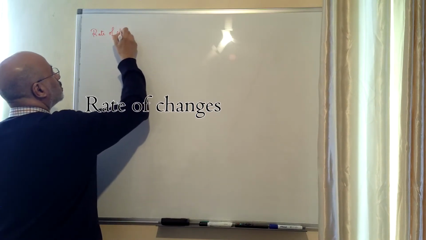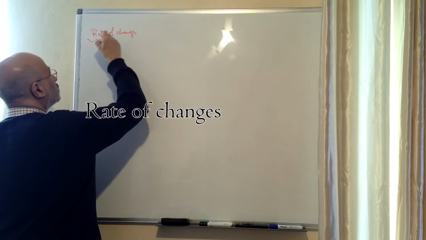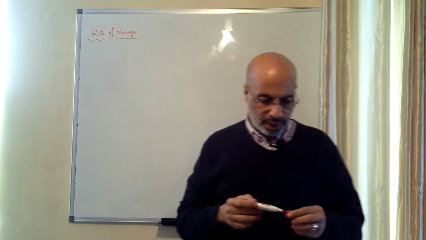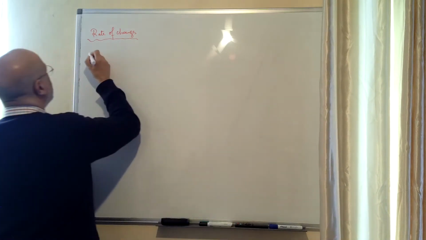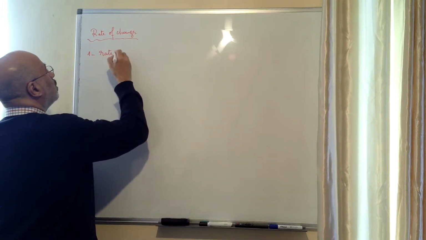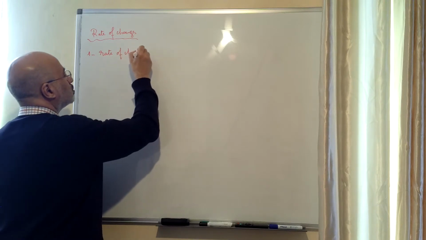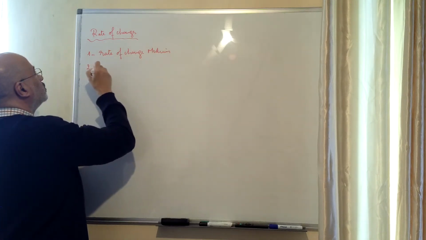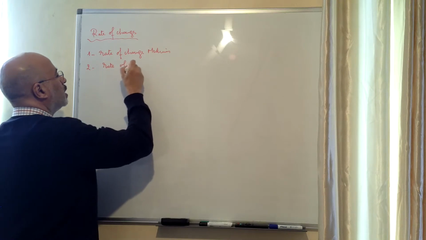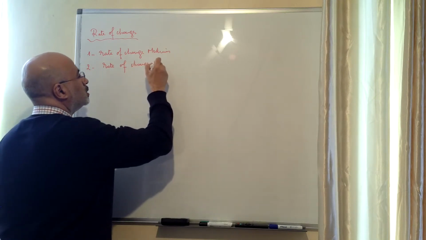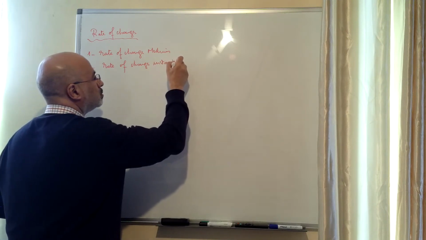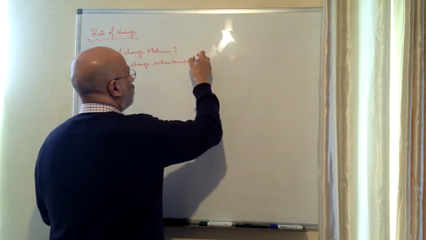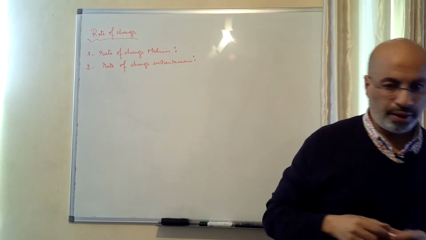Rate of change. We have two kinds of rate of change: the rate of change medium, and the rate of change instantaneous. I explain. The rate of change medium is a kind of rate used inside an interval.